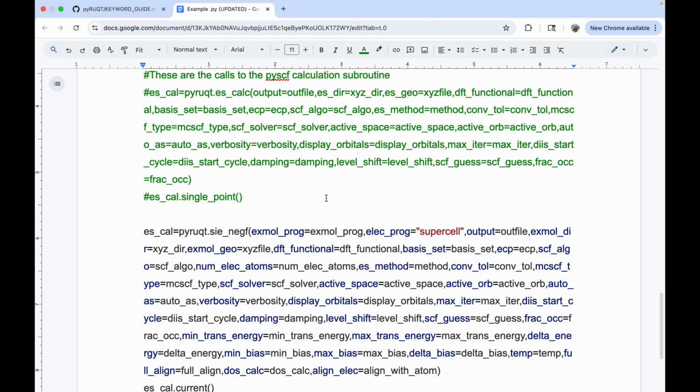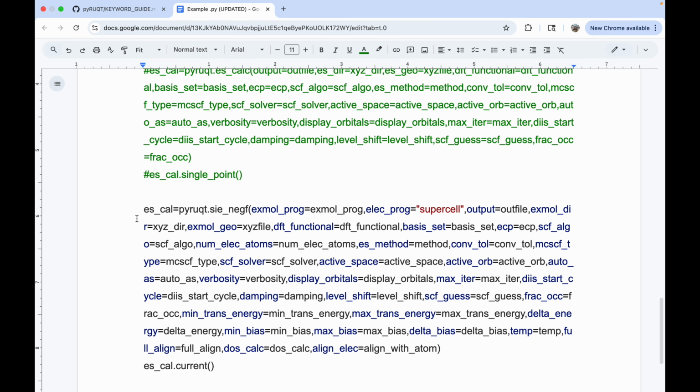But if you would like to combine the two, run both to generate a mol.dat and a mol.den, and generate your transmission calculations, you will do this here. This is where it's going to ask you if you want to use the supercell, if you want to use PySCF.